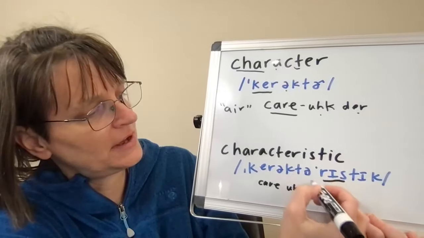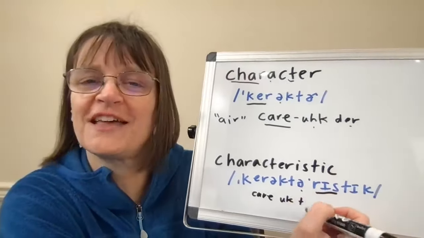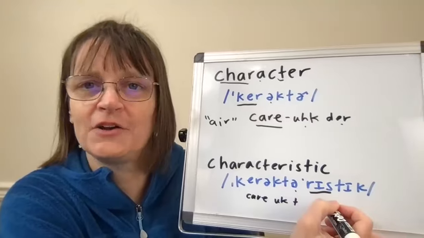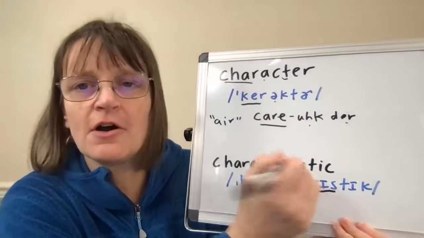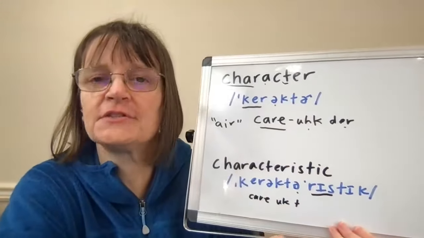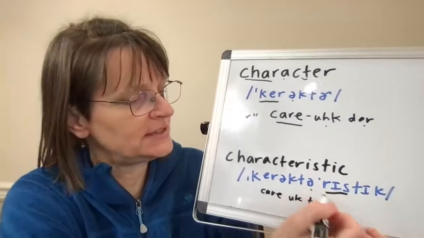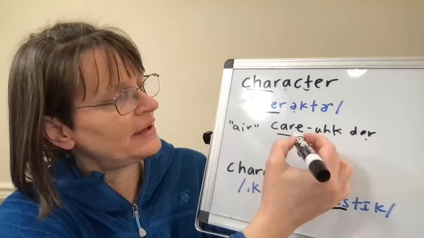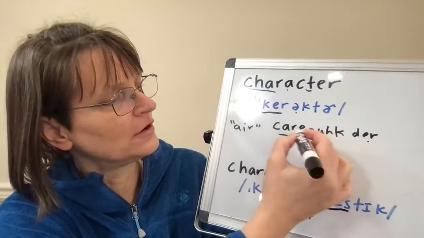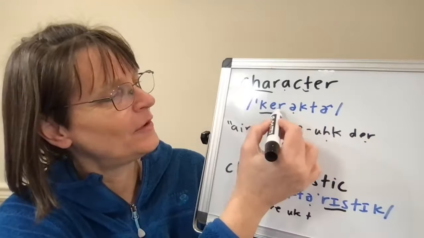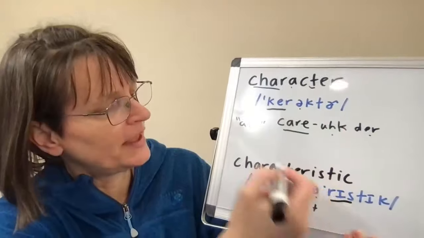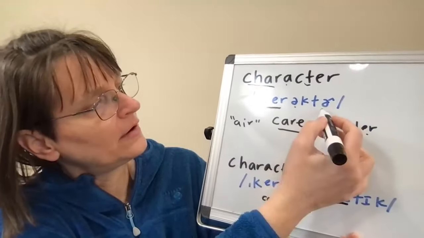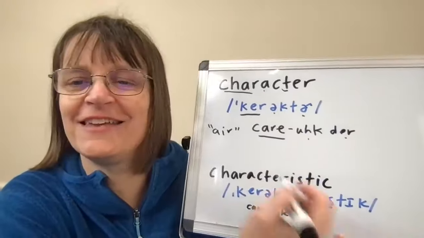and in this IPA I'm noting the sound as a schwa and an R. That's because the R is part of the ris syllable where it's stressed. It's still the same sound. Here I write it with an R and a schwa as well, or here I write it with the ER symbol.